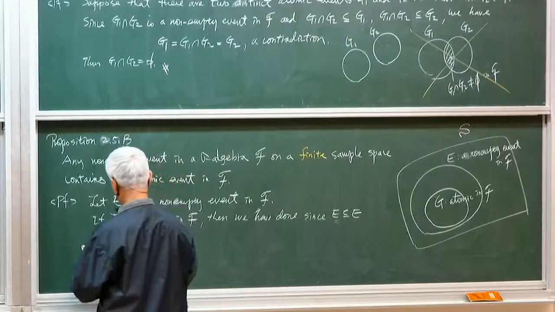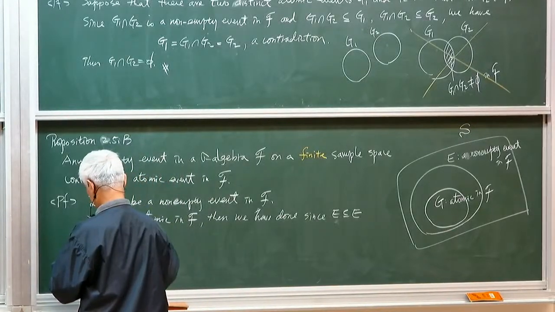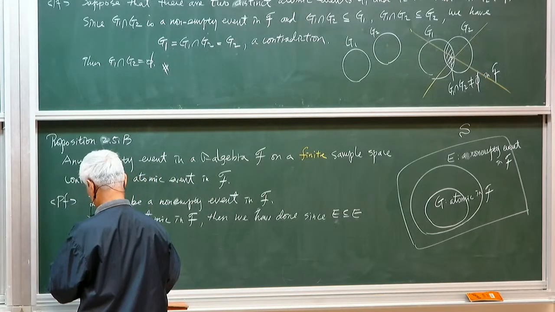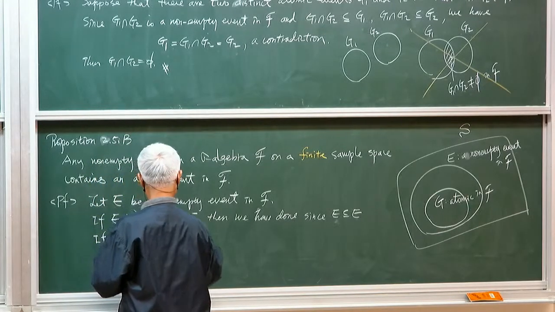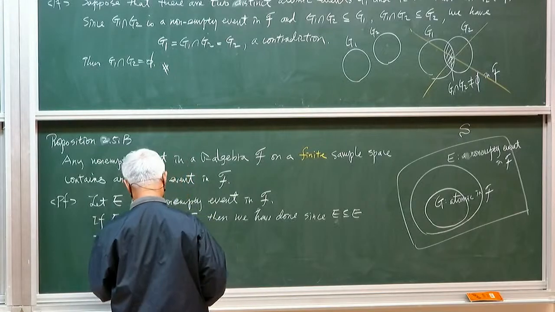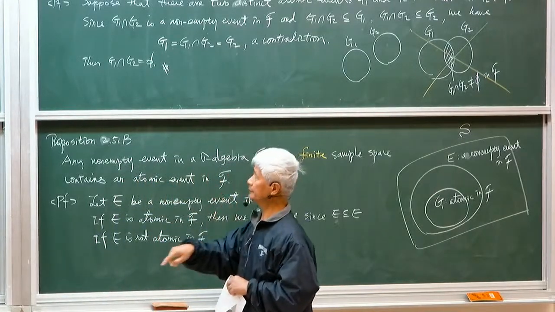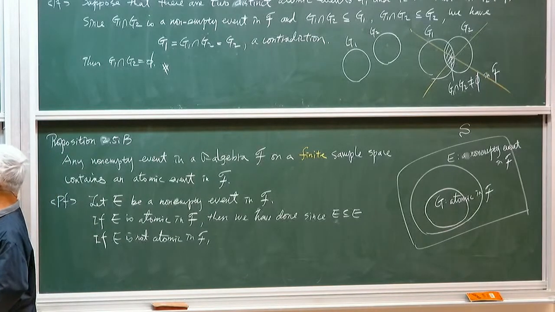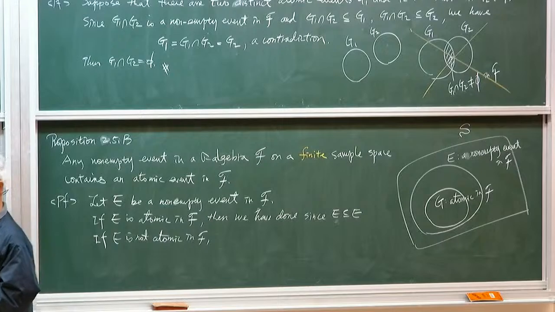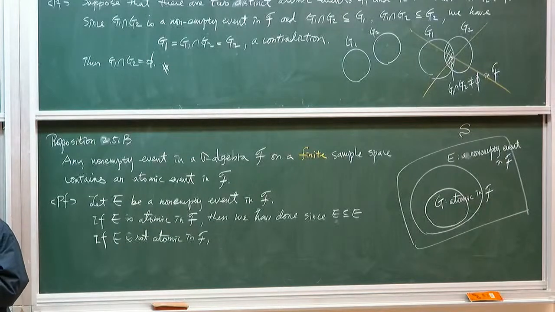But the other case is if E is not atomic in F. Not atomic means that there is a non-empty event, right, such that this is true. Okay, "none" becomes "some" when you take the negative.